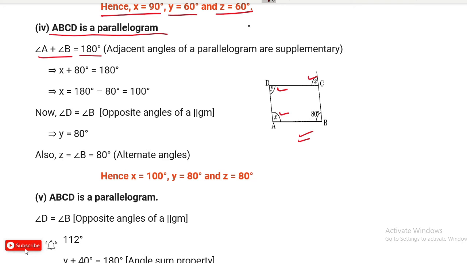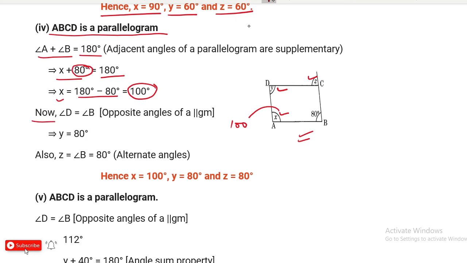Here we can apply the property of the parallelogram. Then x plus 80, where 80 is the value of angle B, is equal to 180. Then x is 180 minus 80, and we get 100. So the value of x is 100.